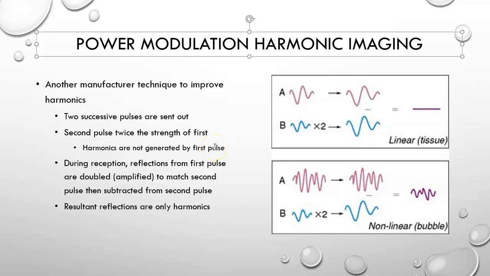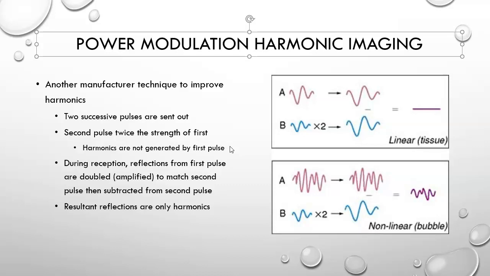And because the first pulse is weaker, it does not generate harmonics. Remember, harmonics have to be generated by a strong pulse, okay? So in this case, the first pulse goes out, we don't get the generation of harmonics, but we only get harmonics from the second.